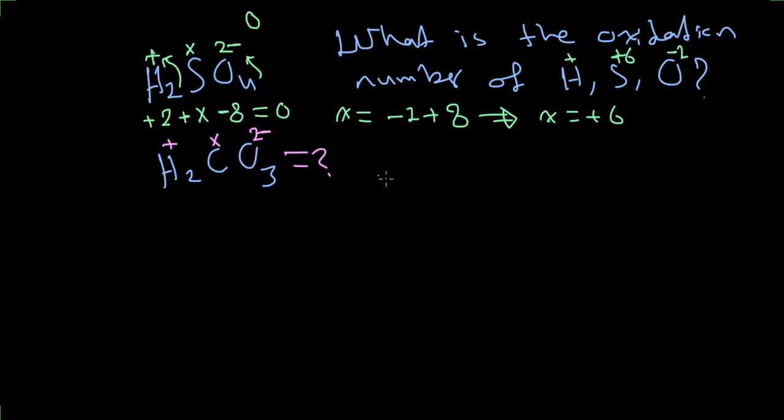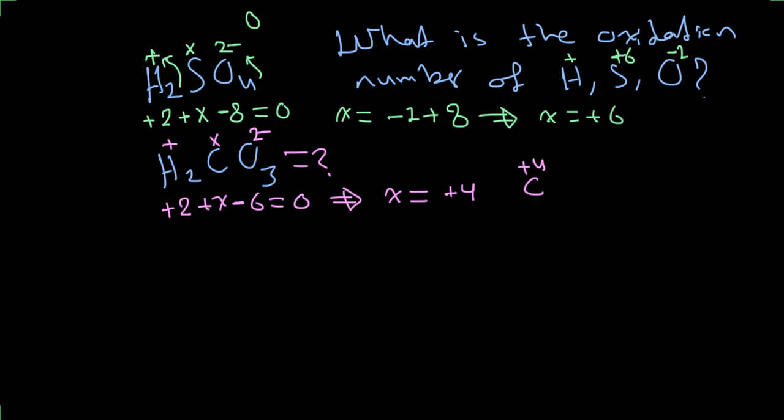Then 2 multiplied by +1 plus X minus 6 is equal to 0. So X is equal to +4. So carbon is +4 in this compound.